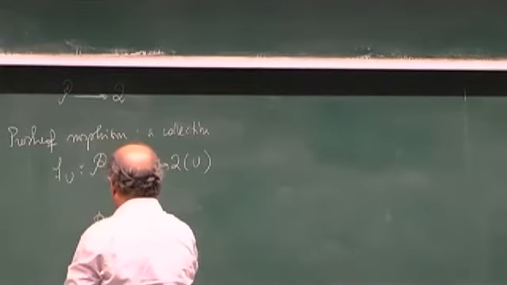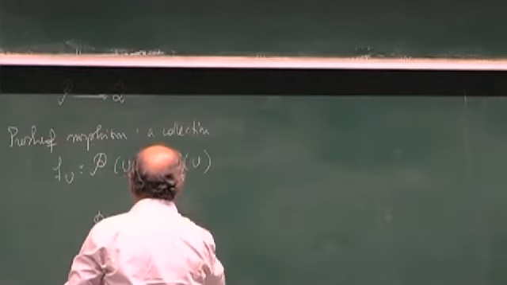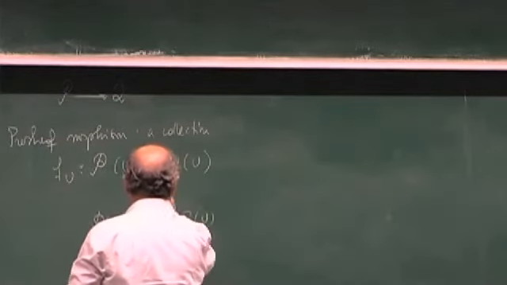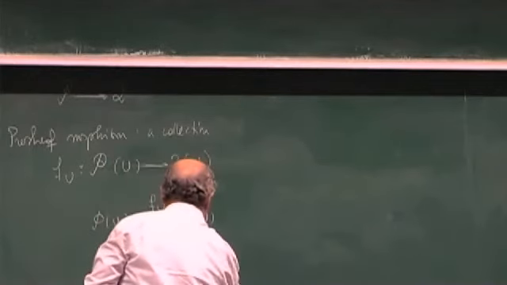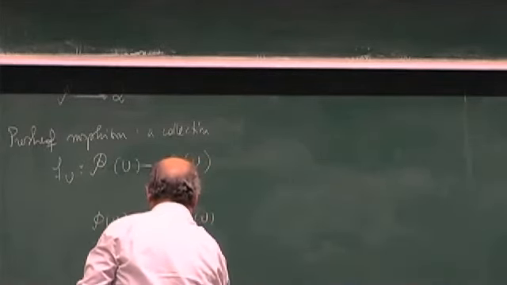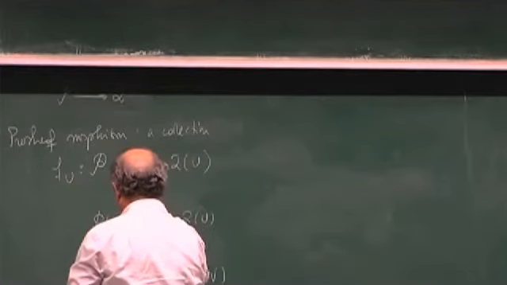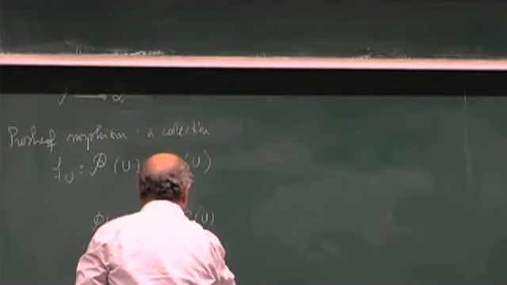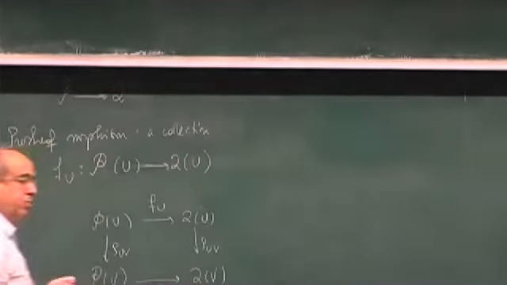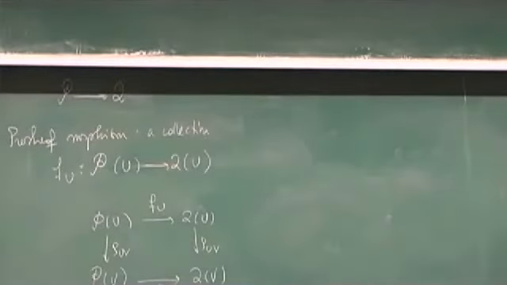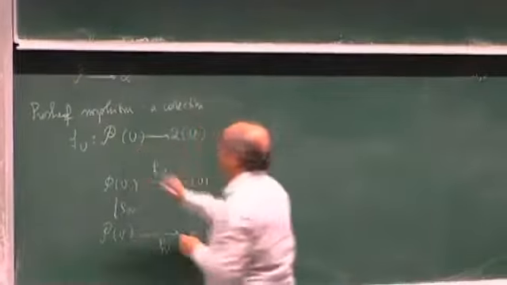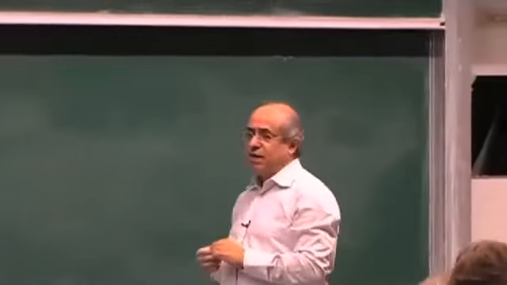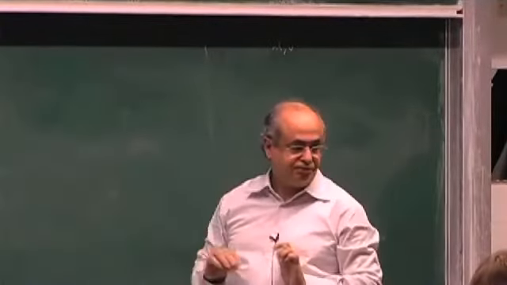We want this to be compatible with restrictions. So if we consider a subset V, we shall have another morphism f_V. Vertically, we have the two restriction morphisms. I use the same letters, but actually they are restriction morphisms of different presheaves, and you want this to commute. Otherwise, we are in serious trouble. So this is the notion of a morphism of presheaves, and for sheaves, you use the same notion.